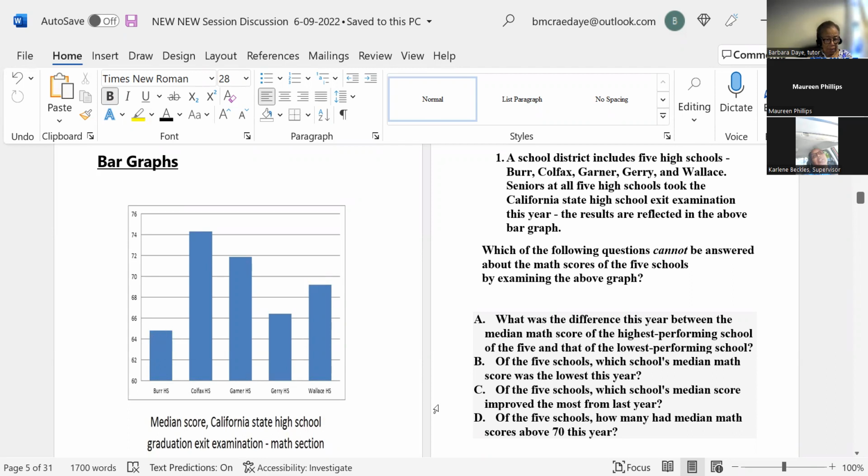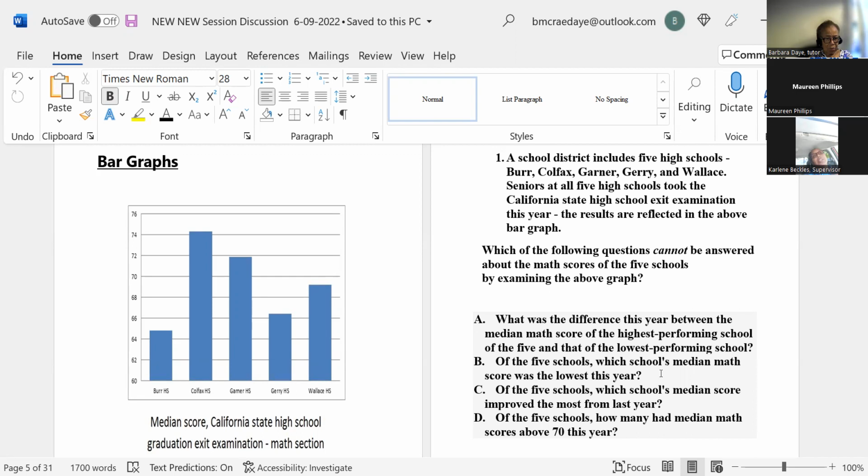Okay. Now let's look at C. Of the 5 schools, which school's median score improved the most from last year? Can you answer that? That would be between 70 and 72. Can you answer that question?